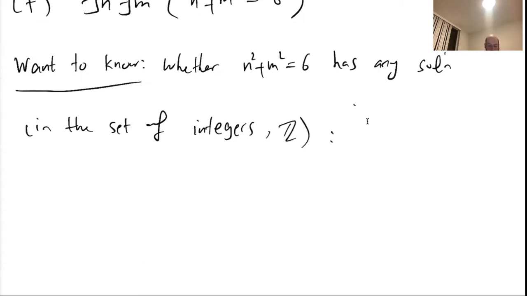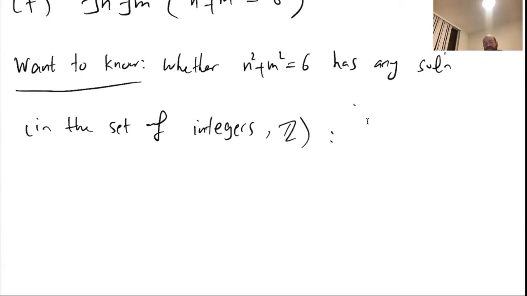Well, how can I solve this equation? Please note that first of all, n squared and m squared, both of them are non-negative, so they're at least 0. And for most integers, n squared plus m squared is bigger than 6.